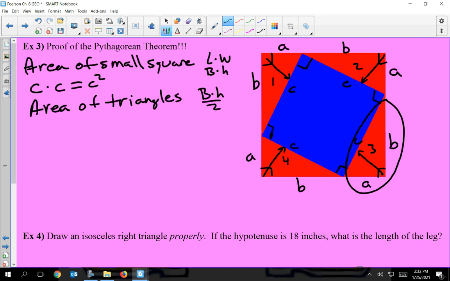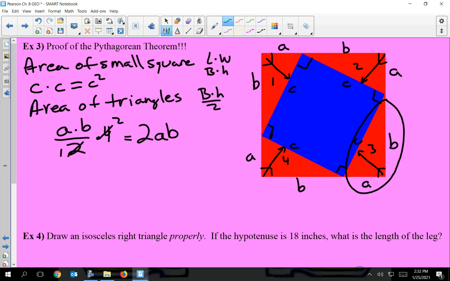Once again, we're not using numbers, we're using letters. So it's A times B divided by 2. Okay, that's really all I can do with it, but I've got 4 of them. So I'm going to multiply that by 4. The 4 and the 2 are going to cancel a little bit. So really the area of the 4 triangles is 2AB.